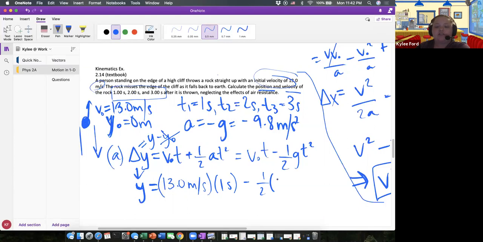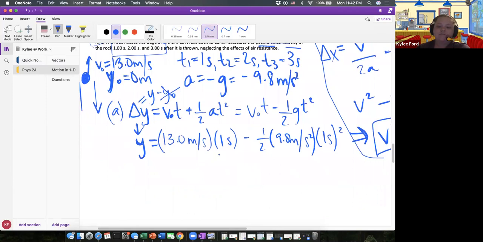Remember, our g is just 9.8 meters per second squared, times t squared, 1 second squared. Using a calculator, we can solve for this. Half of 9.8 is 4.9.